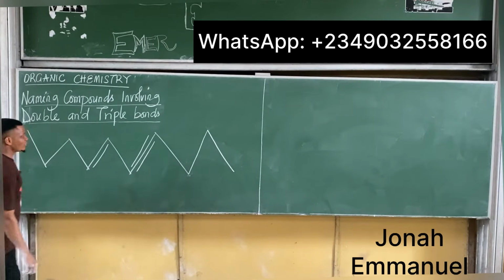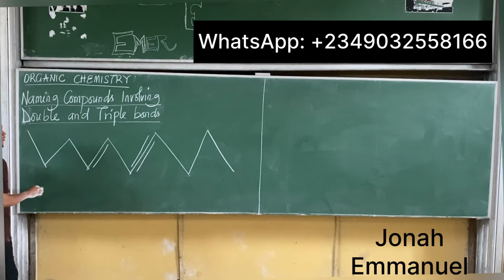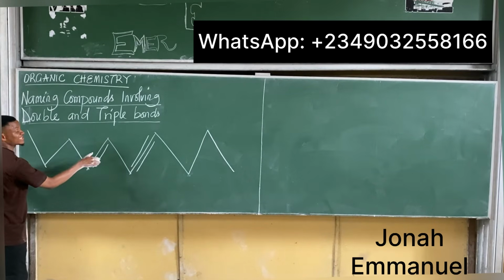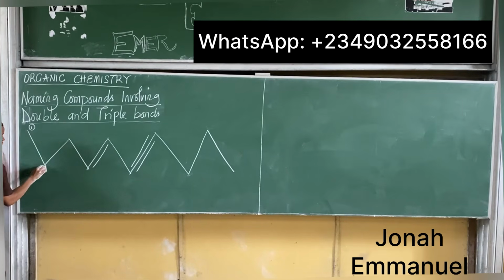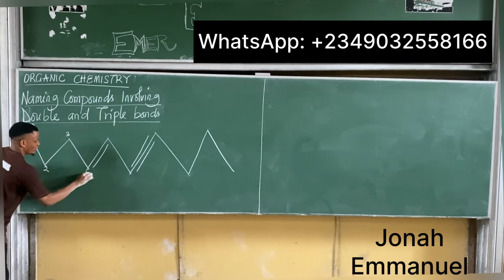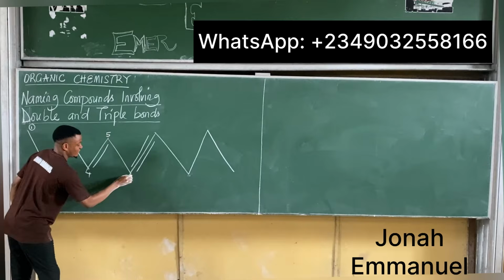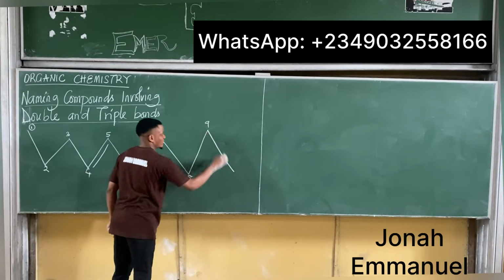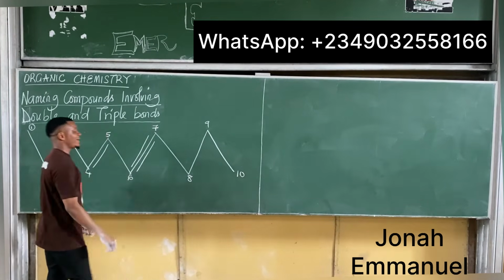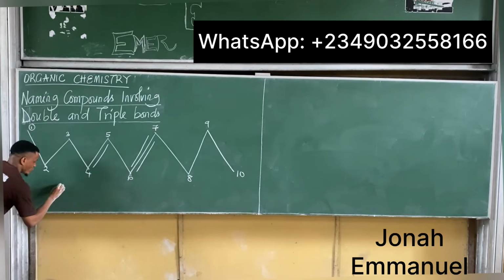All right. So how do you name this first? Obviously, the numbering that will give me the shortest distance to the double bond will be like this. I'm having 1, 2, 3, 4, 5, 6, 7, 8, 9, 10. 10 is a dec. So it becomes what there?